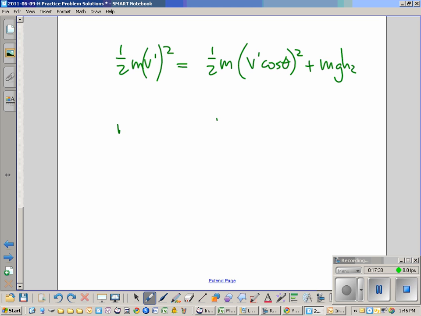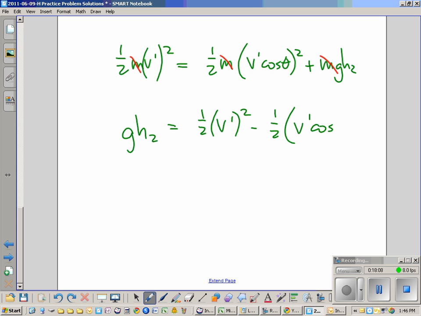We can still get rid of all the m's, can't we? So let's do that. All right, so now we want gh2 is equal to 1/2 v prime squared minus 1/2 v prime cosine theta squared, right?